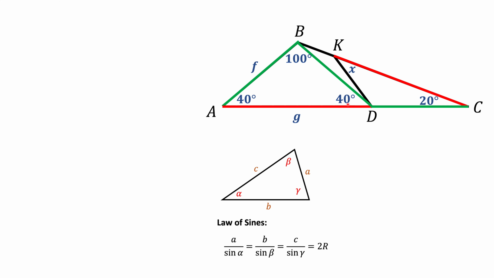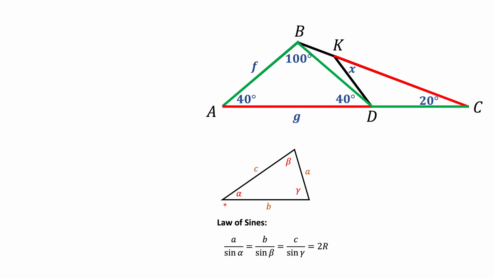It says that in an arbitrary triangle, the ratio of a side to the sine of the opposite angle should be the same for all sides. That's written here. And also it equals 2 times the radius of the circumscribed circle. Now this fact we don't need right now, but it's basically a good thing to know.